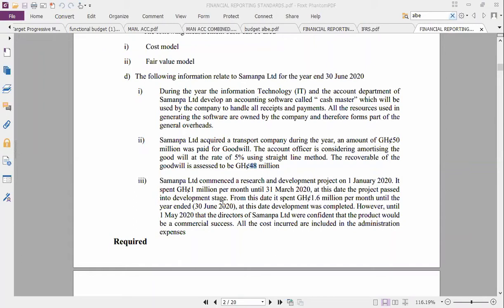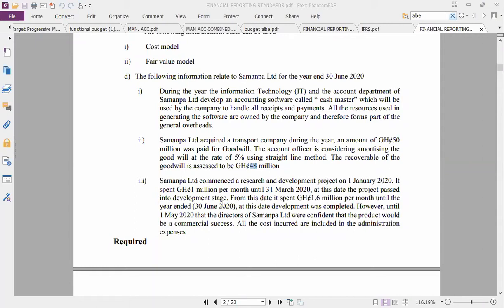It spent 1 million per month until 31st March. So if you're hunting for marks, he spent 1 million per month until 31st March. So he started from January. So 1 million, 31st March. That's 3 months, right? Good.